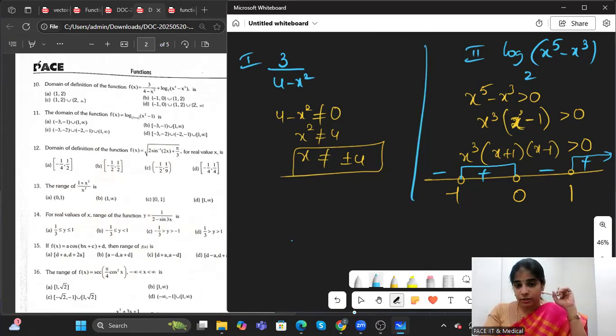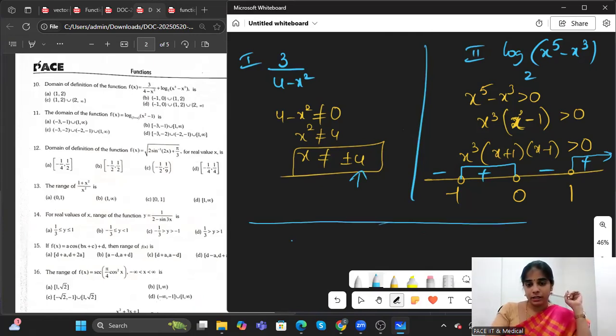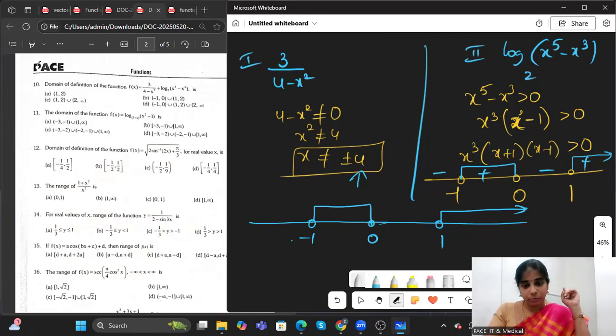Now in my question, do I get the value plus 4? Yes, my answer has a plus 4 in this case too, but I'm not supposed to take it. So one common area I can take is with minus 1, 0 and 1: I can take towards the right, and minus 1 to 0, but it cannot be equal to minus 4, somewhere here, and it cannot be equal to minus 1 also. Understood? It can be anything other than this.